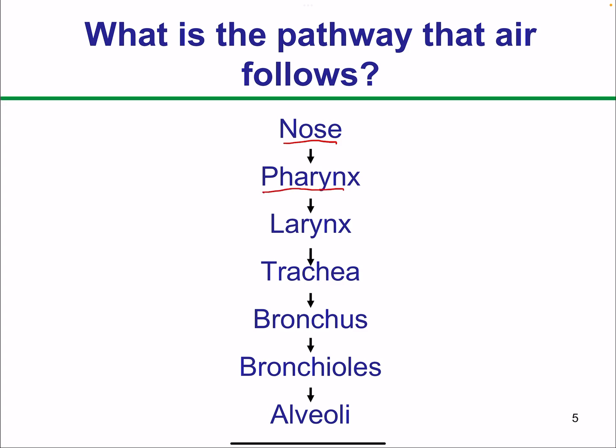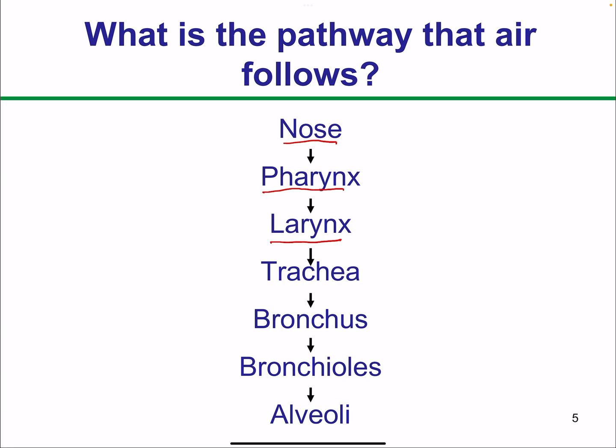From the pharynx, it goes into the larynx. Now, remember that the pharynx is relatively wide, right? We have the nasopharynx, by the nasal cavity. We have the oropharynx, by the oral cavity, right? And we have the laryngopharynx.